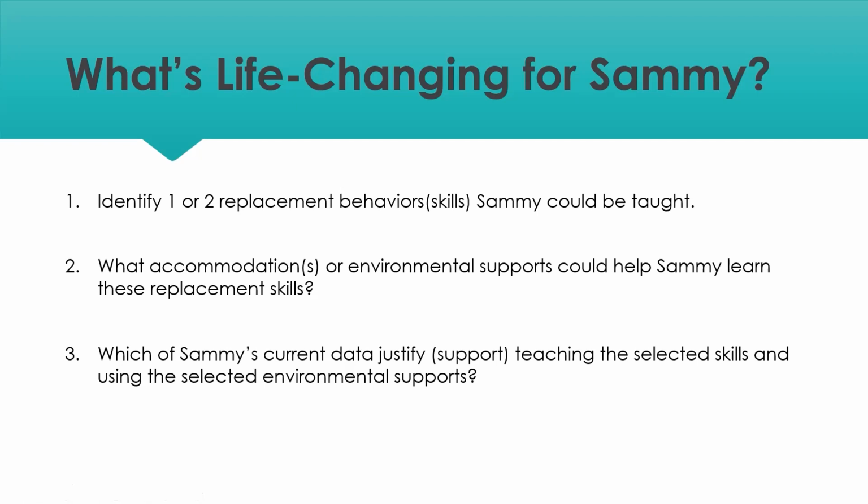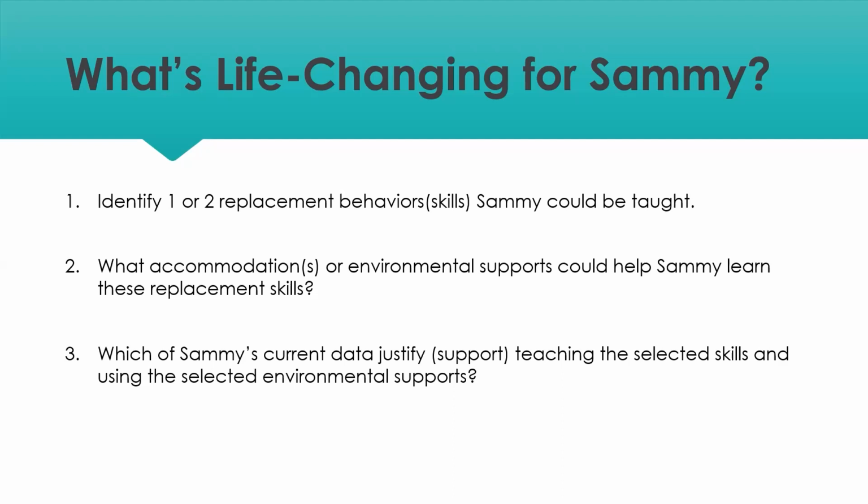And so now if you have a good idea of what the function is, then your replacement behaviors are kind of driven by that as well. So I need a behavior that will get me what I need, but in an appropriate way.